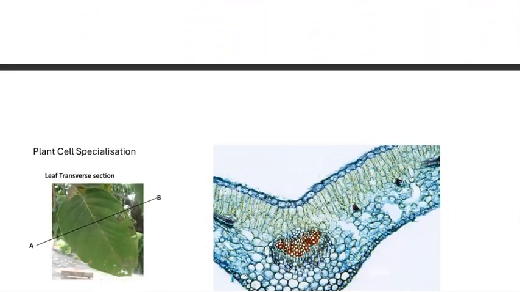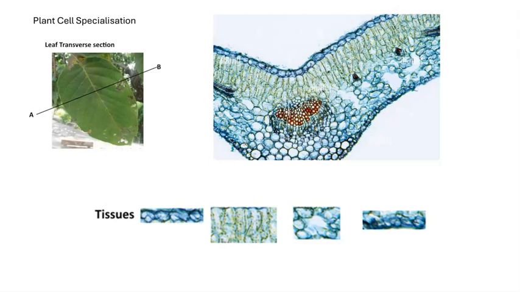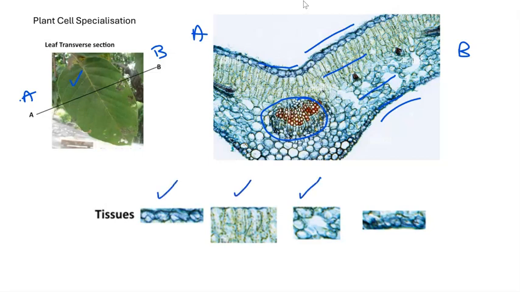Just like the animal cells, plant cells specialize their shape, and this is something that we've covered already. We can see that in this leaf cross section, so we've got the leaf here, and then we go A to B. The cross section is here like so. And we can see the cell types up here of the epidermis, and the palisade is here, the spongy is here, the lower epidermis here, some vascular tissue here. And we have the different tissues, so that just like in the animal cells, genes have been expressed.